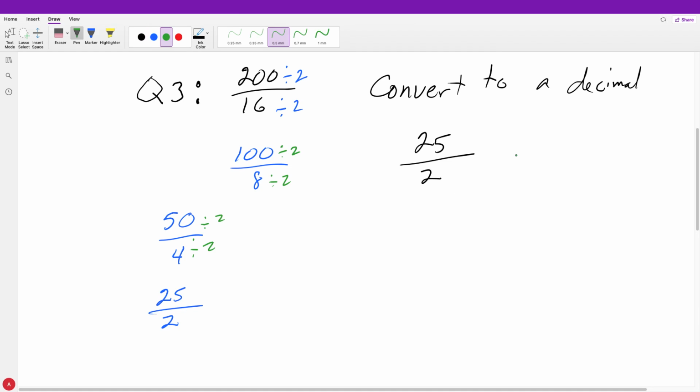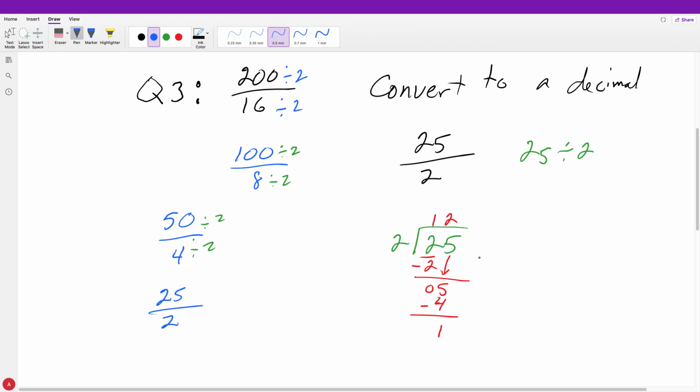Now remember, this is equivalent to 25 divided by 2. So when I'm dividing by 2, I ask, what can I divide? 2 goes into 2 one time. So I multiply by 2, subtract, that gives me 0. I'll bring down a 5. Does 2 go into 5? Yes, it does, twice. So I multiply 2 by 2 and get 4. Subtract, and I get 1.